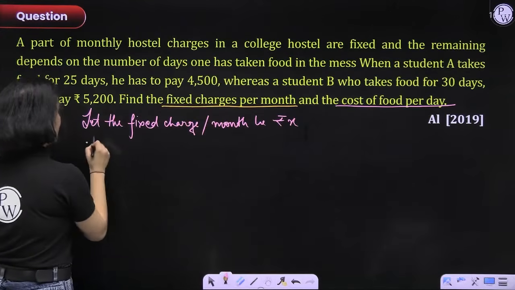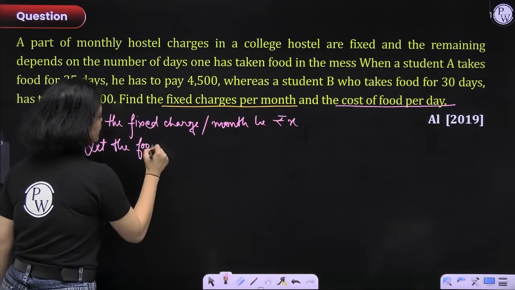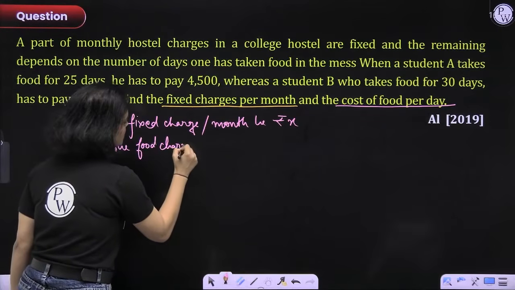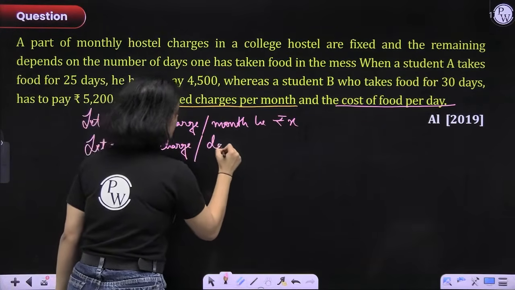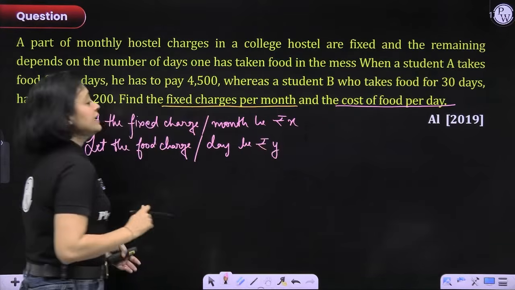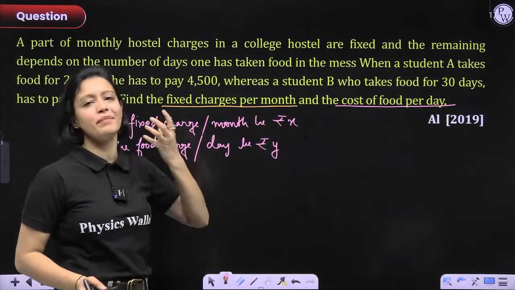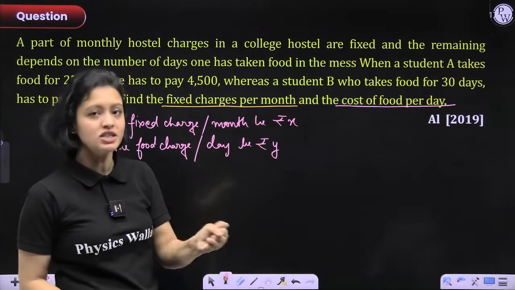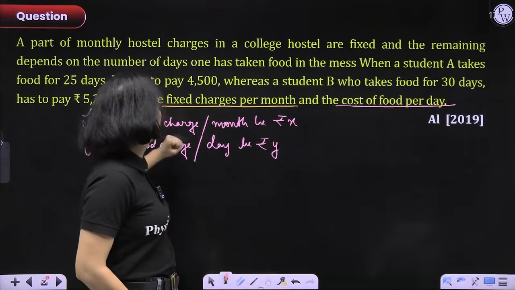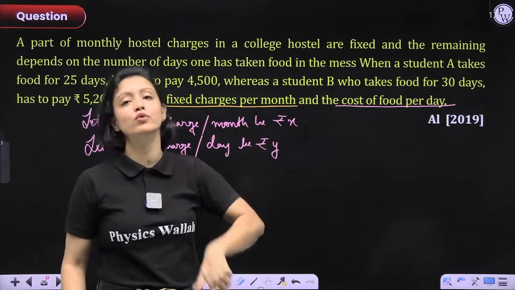Okay, and let the food charge per day be y rupees. Now, the fixed charge, that is the hostel charge, will remain x only, right? It will not change. What will change would be the food charge according to the number of days the student is eating food there, right?